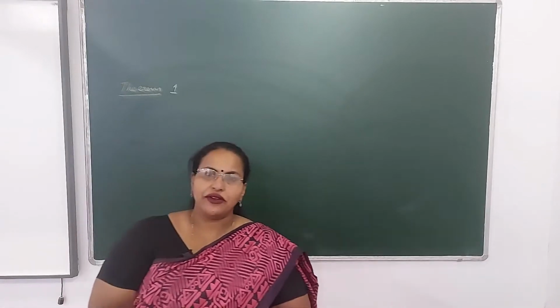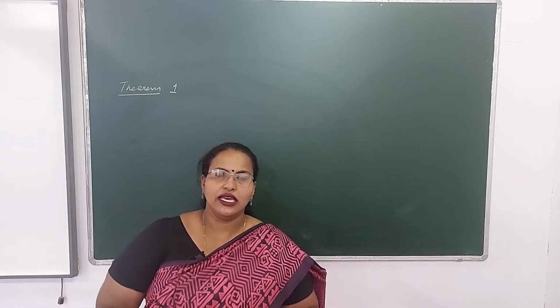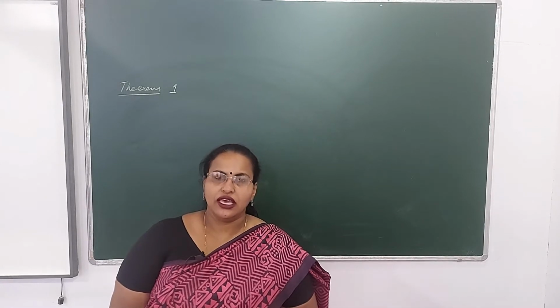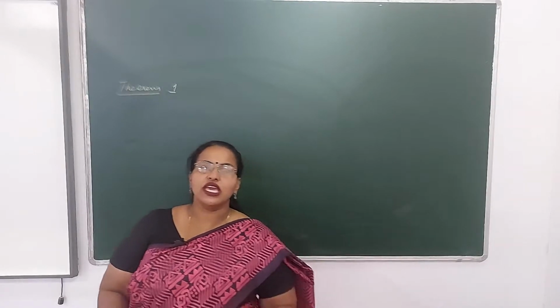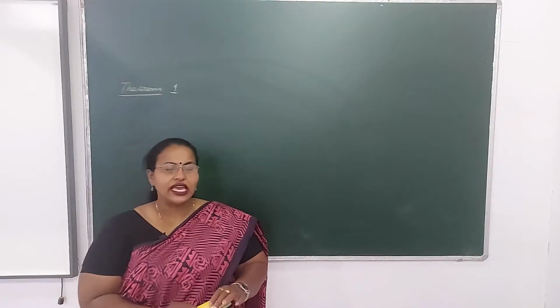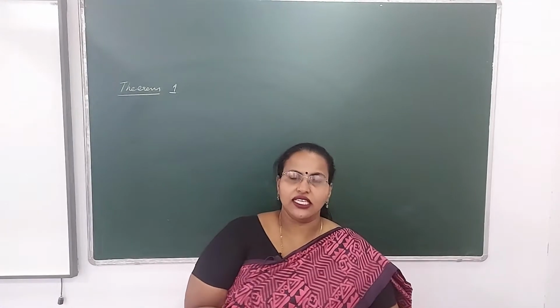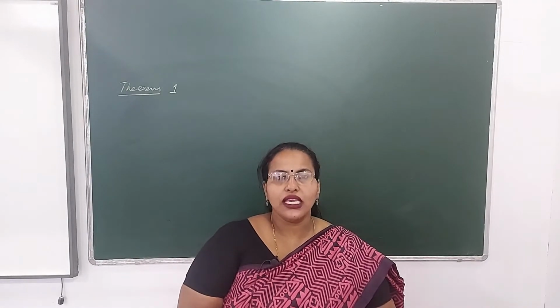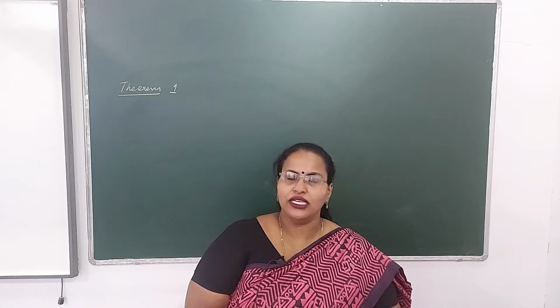Likewise, a skew symmetric matrix: a square matrix A is said to be skew symmetric if A is equal to minus of A transpose. So in case of a skew symmetric matrix, Aij is equal to minus of Aji for all i, j.